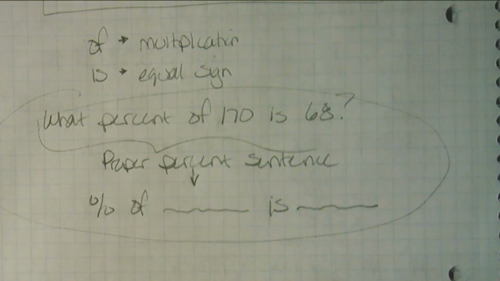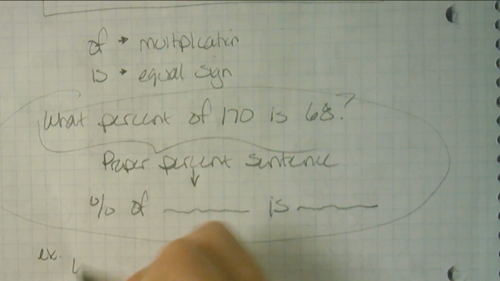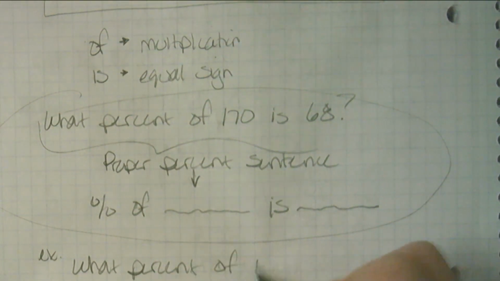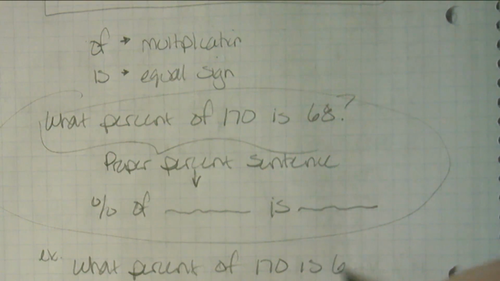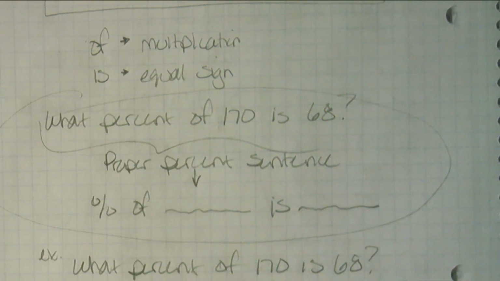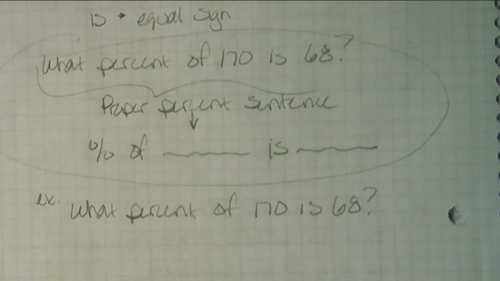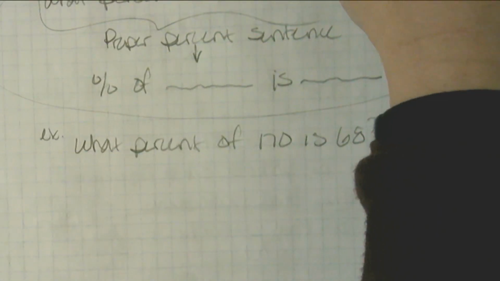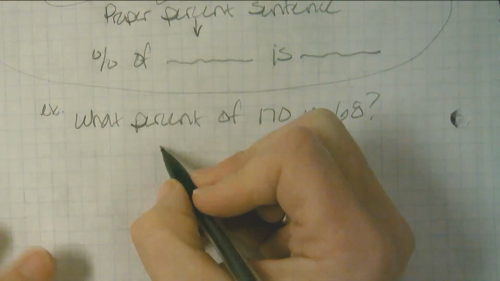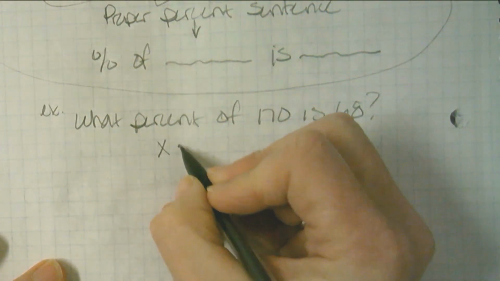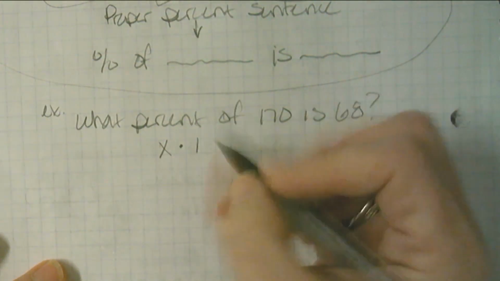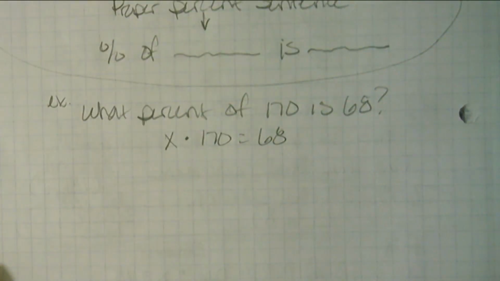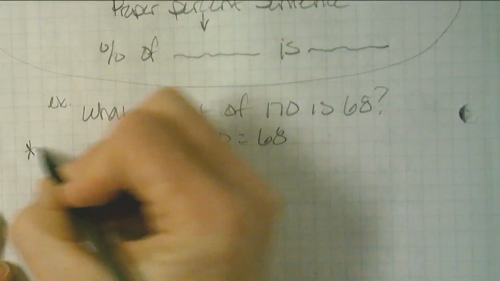All right, so let's solve this problem. What percent of 170 is 68? Somebody write my percent equation for me from that sentence. Peter? Excellent. Now if you notice, I'm going to put a little note here.